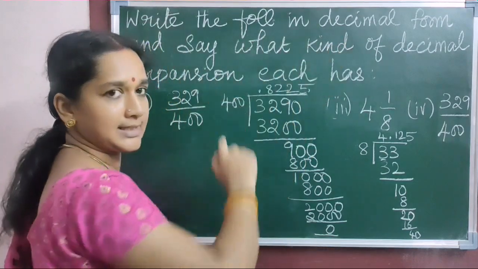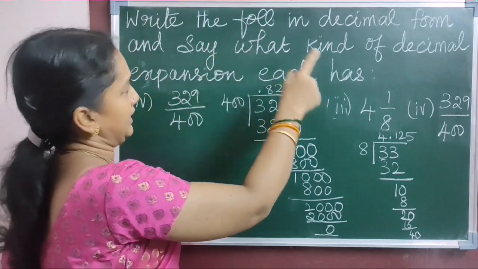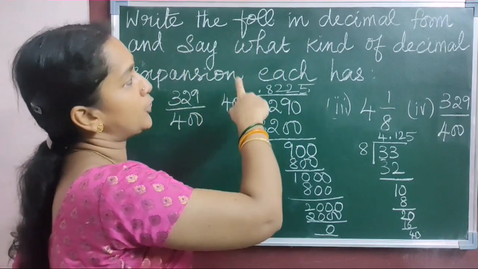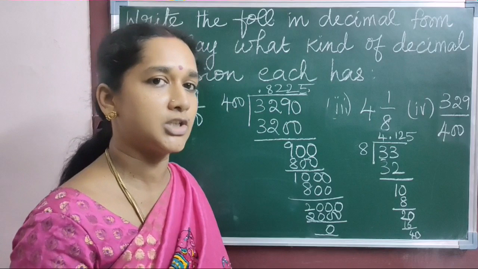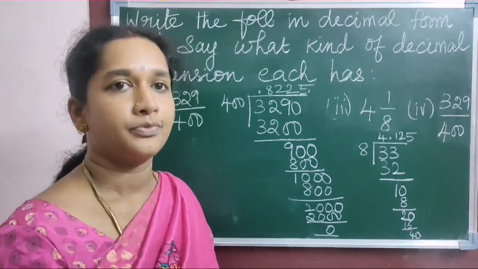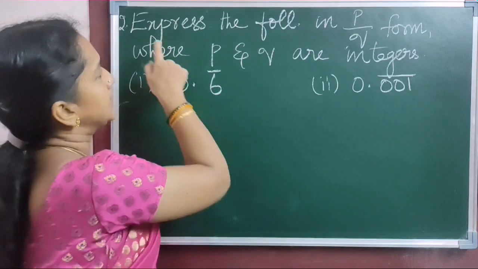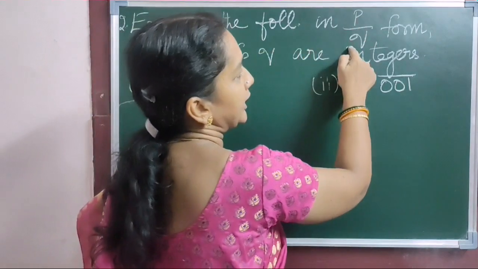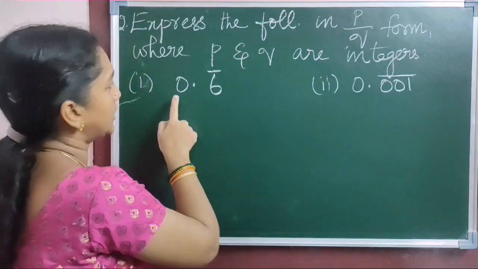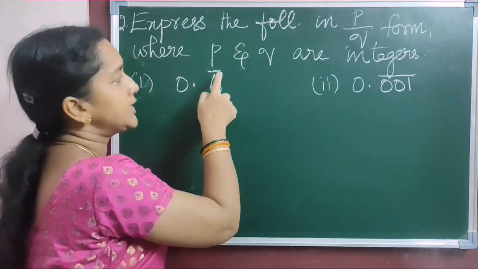So if a question is asked like this, write the following in decimal form and say what kind of decimal expansion it is, you will do like this. Second sum is express the following in p by q form where p and q are integers. Okay. First sum is 0.6 bar.